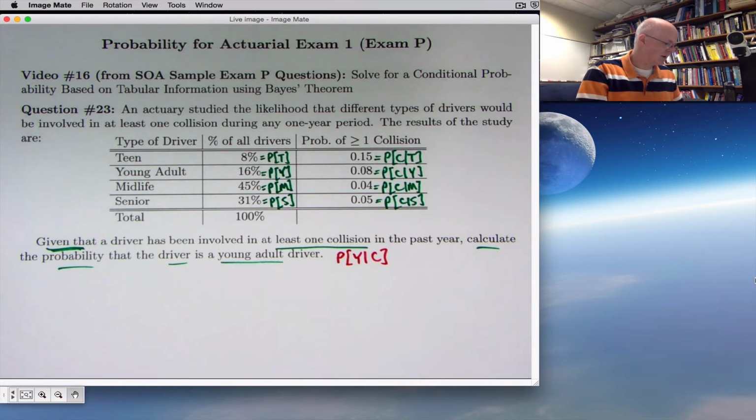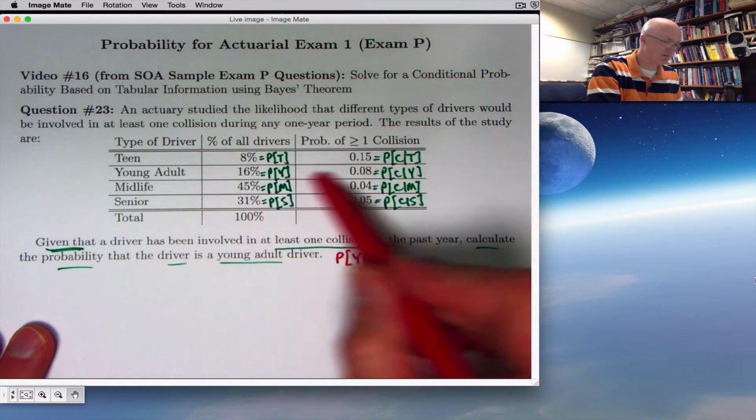Okay? So as with the tree diagram, where you multiply the numbers along the branches, here you're going to multiply the numbers along the rows.